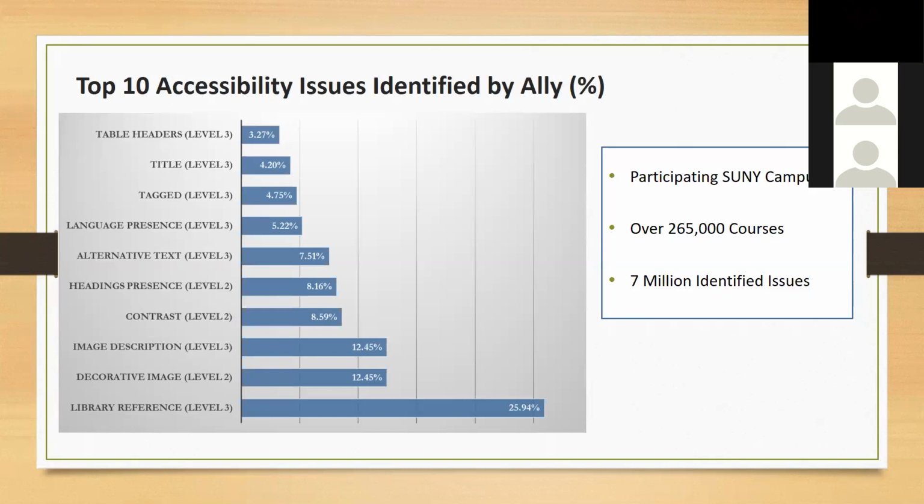Great. So was anybody surprised at what those top 10 issues were, for those of you who've already implemented Ally on your campus, or for those of you who haven't implemented Ally but are still dealing with accessibility issues? Did any of these top 10 surprise you?